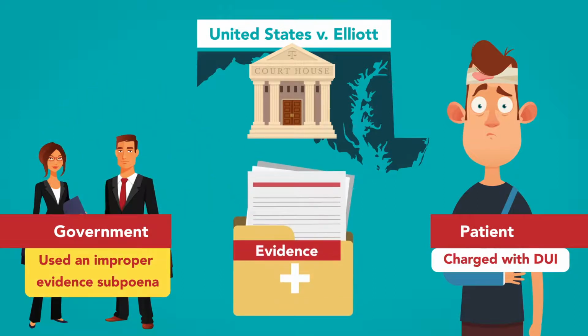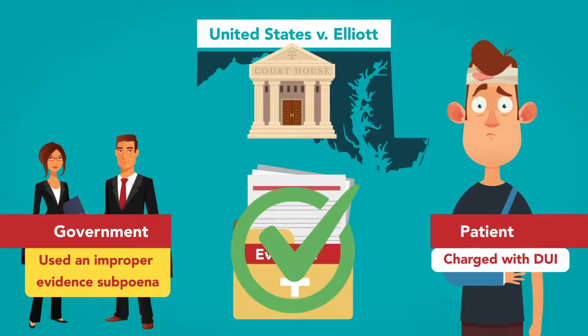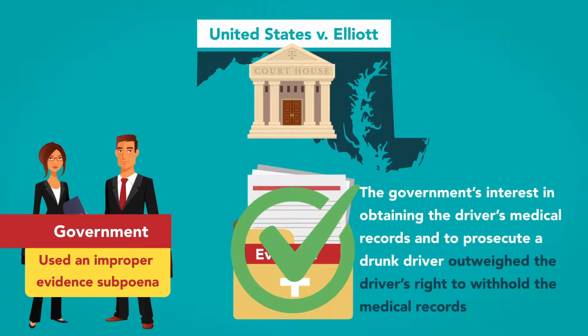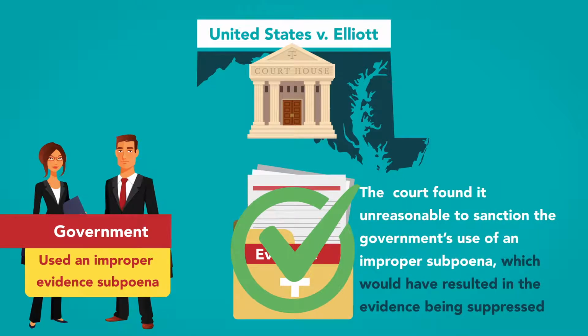Even with the procedural deficiency, the court held that the disclosure fell within the law enforcement exception, reasoning that the government's interest in obtaining the driver's medical records and to prosecute a drunk driver outweighed the driver's right to withhold the medical records. Suppressing the driver's medical records was not an appropriate sanction for the government's use of an improper subpoena to obtain the records from the hospital under HIPAA.